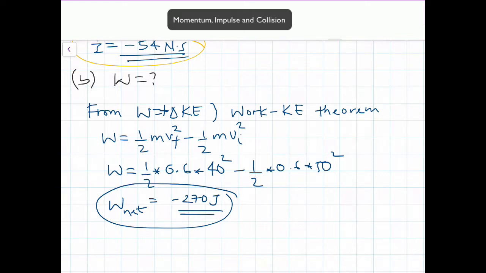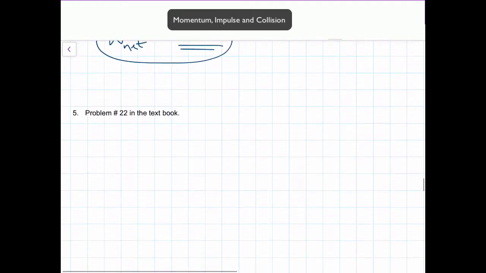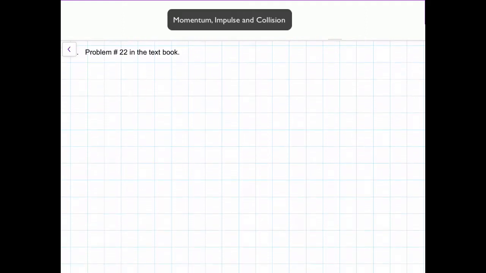Sometimes work done by friction can also be a negative value. Sometimes here what we get is a negative work done. So this is the work done by the ball on the racket. But how much work did you do on the ball? Then you can simply take the positive value of the obtained value.